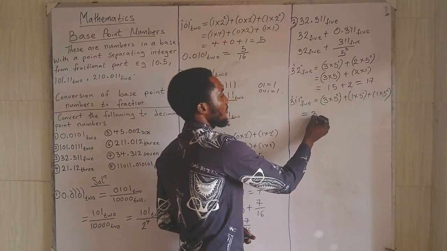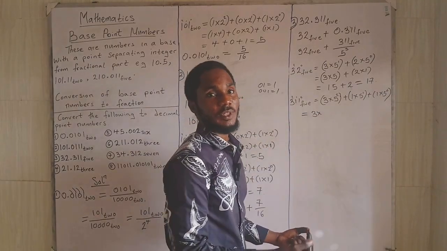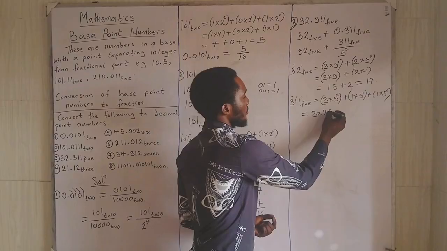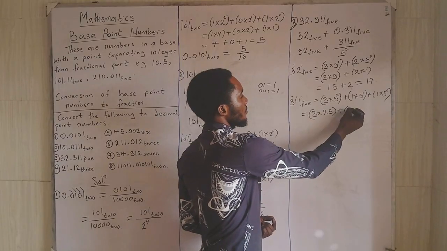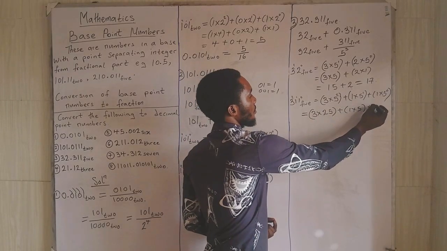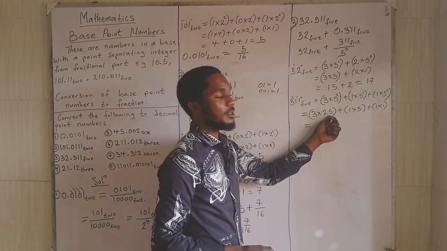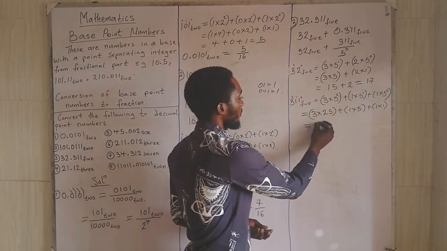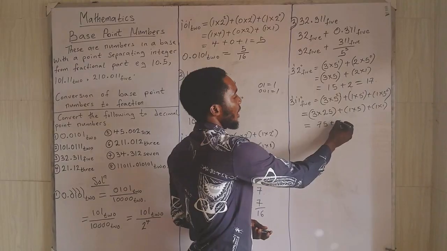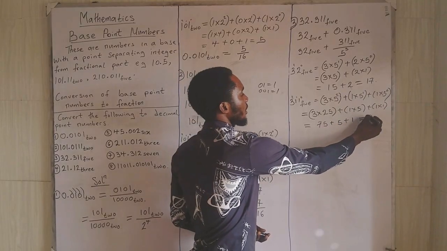This is 5 squared, that is 25. This is 3 times 25, we have 75, plus 5 plus 1. This will give us 81.